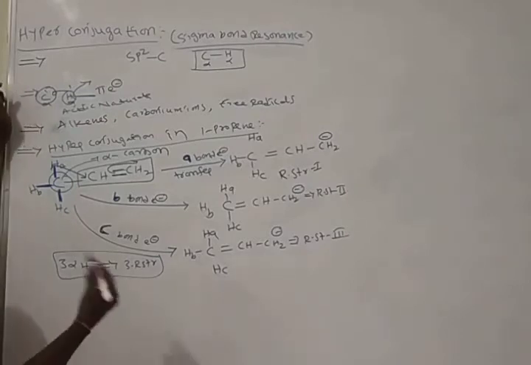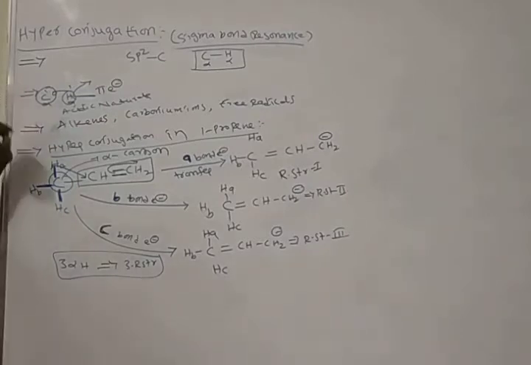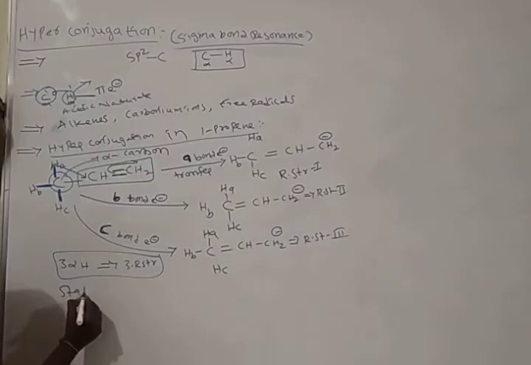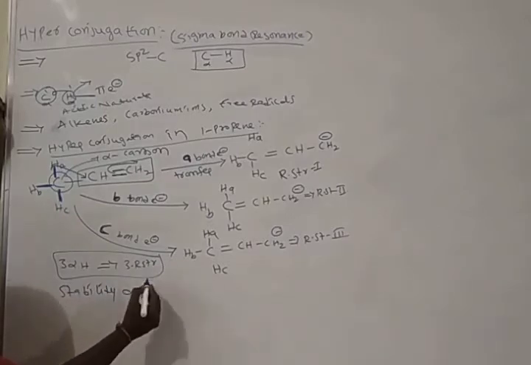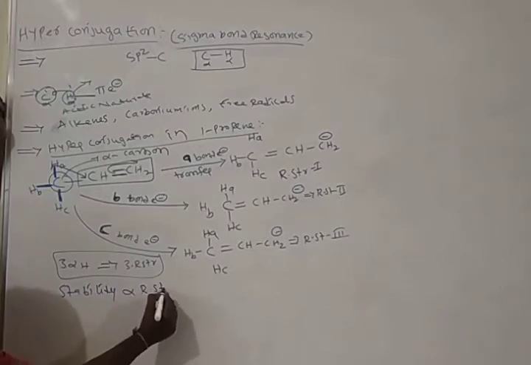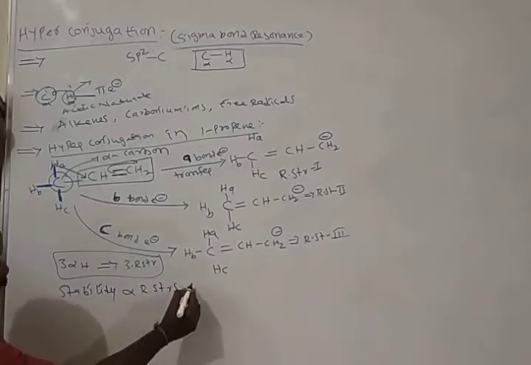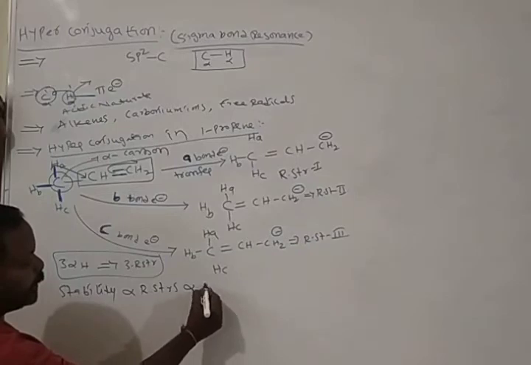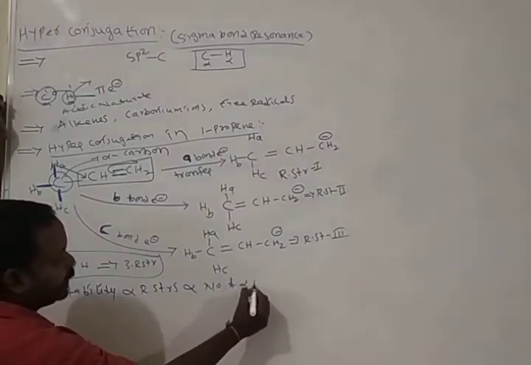By increasing the resonance structures, the stability of the organic molecule increases. That means stability is directly proportional to the number of resonance structures, and resonance structures are directly proportional to the number of alpha hydrogens.